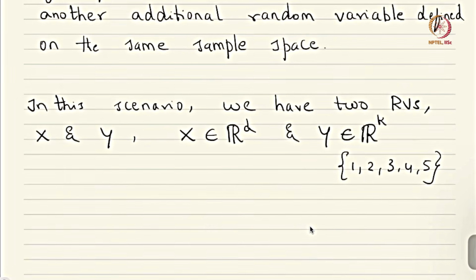Now because we have 2 random variables, there is a joint distribution, okay. Now the nomenclature, notation or convention is as follows.